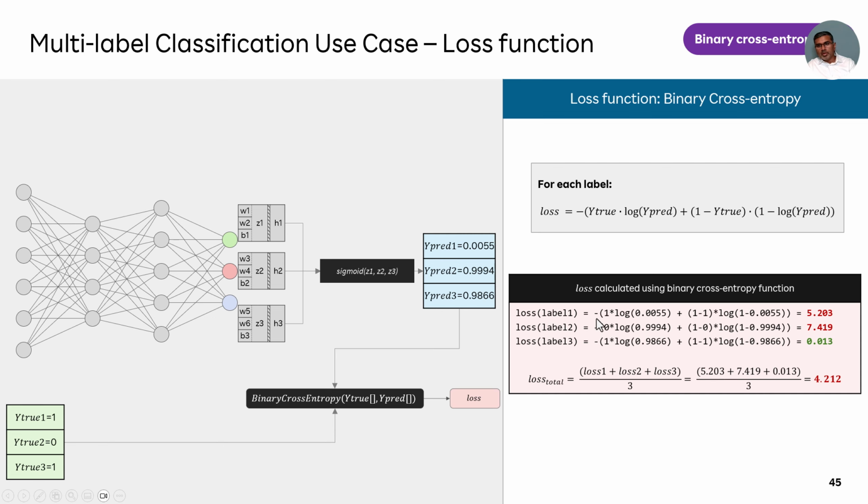So loss of label 1 is again 1, you see this example here, times the log of y pred 1, which is 0.0055, plus 1 minus 1 times log of 1 minus this, which is 5.203.